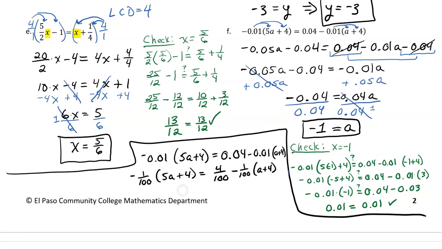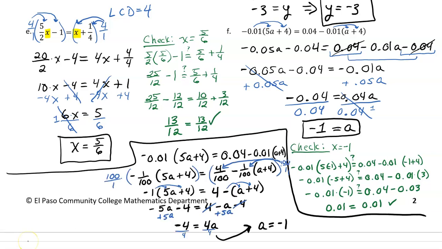When we have it written in this way, we can see how it looks like one of our other fraction problems. And it's really nice because they all have the same denominator already. We already have the LCD, which would be 100. And if I solve this really quickly, we can see that we still get a is equal to negative 1.